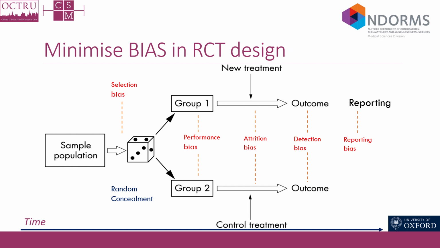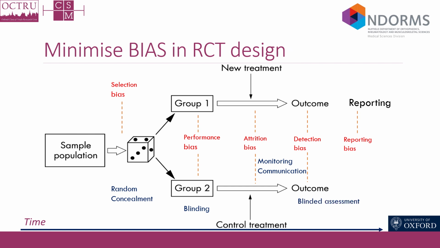Now, to address performance bias, it may be that we decide to blind participants or clinicians and standardize care or the site's training. In attrition bias, we might choose to use an outcome which is likely to be well completed, or anything that we can implement to minimize loss to follow-up, perhaps monitoring, communication, incentives.